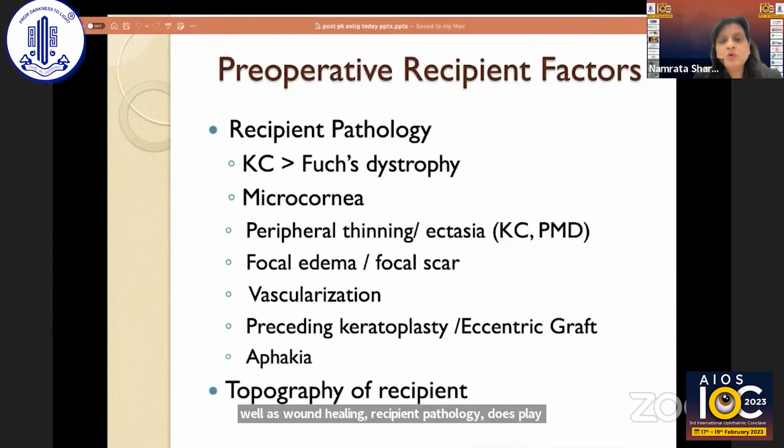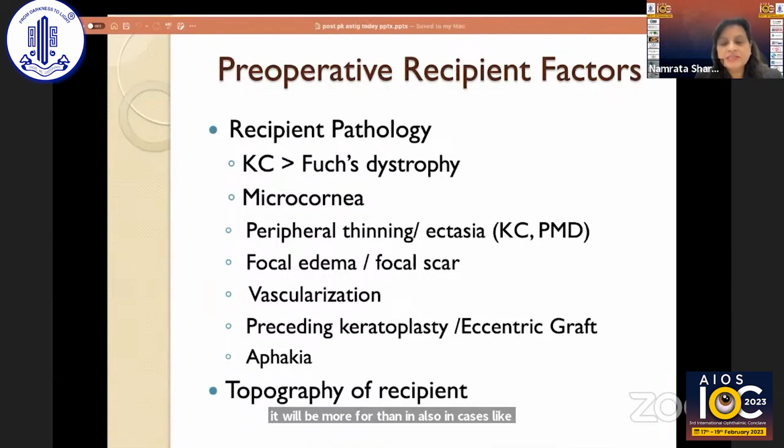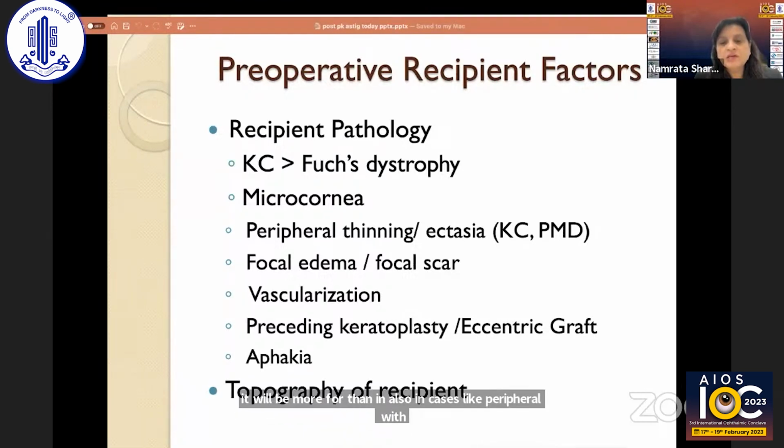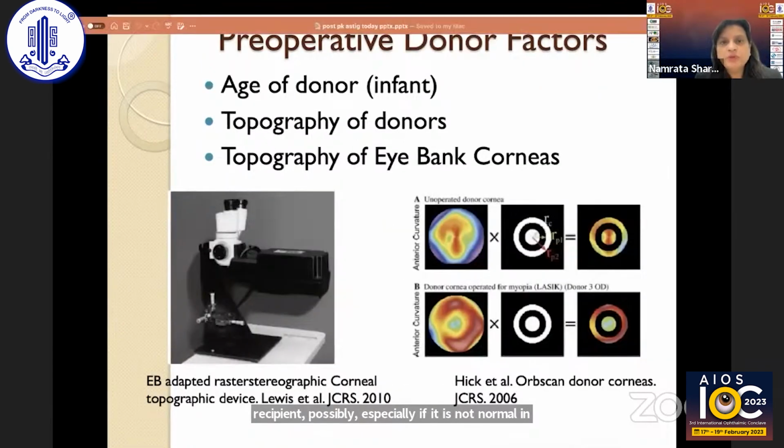For instance, it will be more for keratoconus than in Fuchs. Also in cases with peripheral thinning or ectasia, focal edema or focal scar, or if there's vascularization, a preceding keratoplasty or an eccentric graft, more so in aphakia. The topography of the recipient, especially if it is not normal in the periphery, may also play an important role.